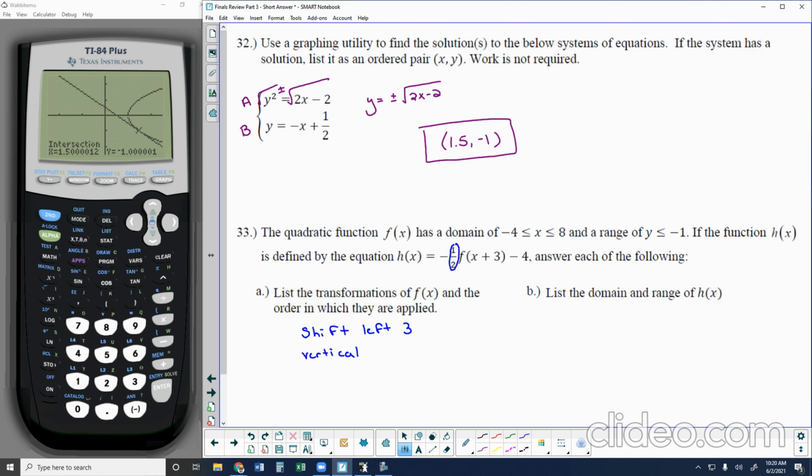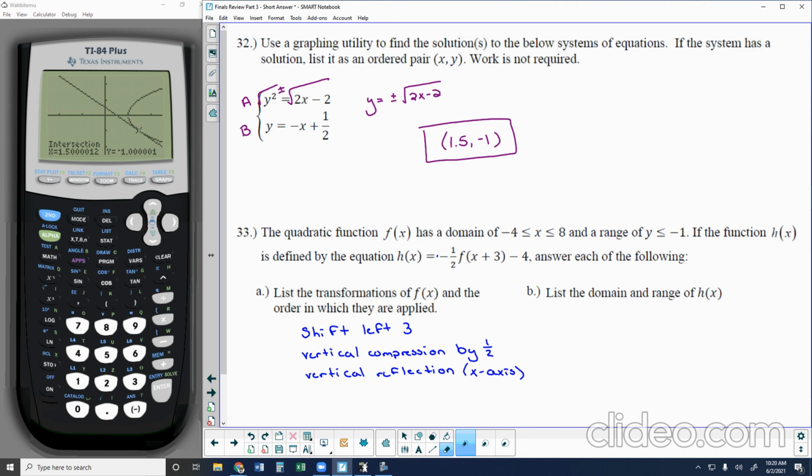It's going to be a vertical compression because it is of a value less than 1. And so vertical compression by 1/2. We also have this negative out in front, and so this is going to be a reflection. This is a vertical reflection, or if you say that it reflects over the x-axis, that would be okay as well.